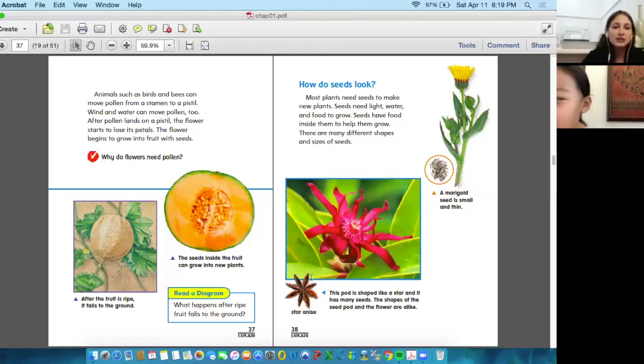Okay, so this is actually not only a seed. This is a seed pod, which means that it carries many seeds, okay? So in these little things, you can probably find seeds and also in the middle, okay? And it actually looks like the flower, right? They have a similar shape.